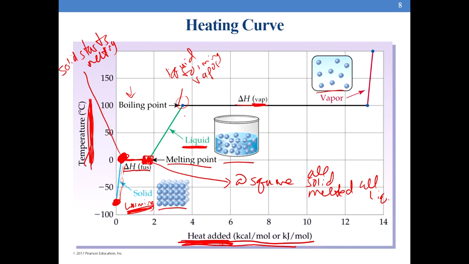And that is going this horizontal black line here. The entire substance is changing into a gas throughout that process. So it's not warming. It's not going to warm anymore. The temperature remains constant until every single molecule is converted into a gas, okay?